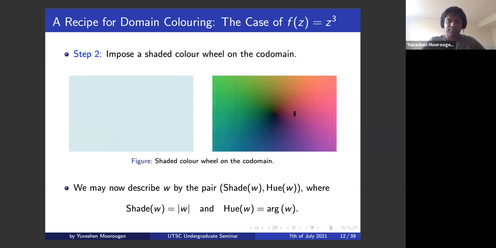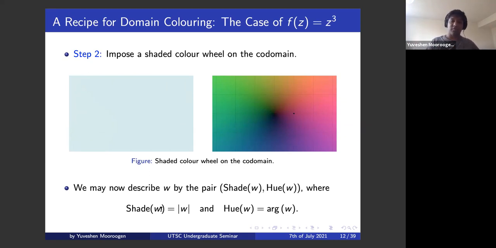Now, if I take my point W in the codomain, I can always write it in modulus argument form. If you look at the color wheel and stare at it long enough, then you might notice that the shade, so how dark a point is, corresponds to how far away it is from the origin. So really, it corresponds to the modulus. And you'll notice that the hue, so the actual color of the point, depends on the angle that I'm making with my chosen positive real axis.